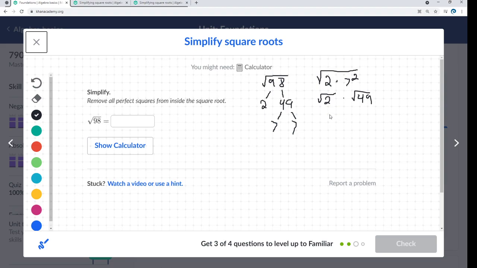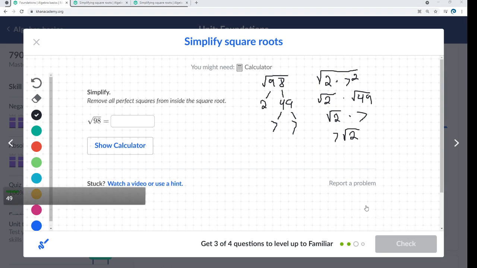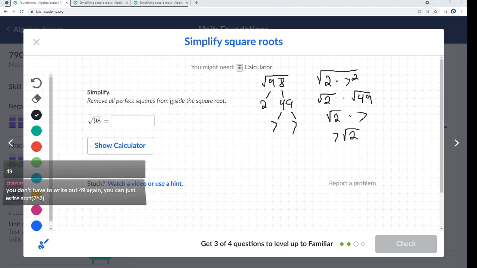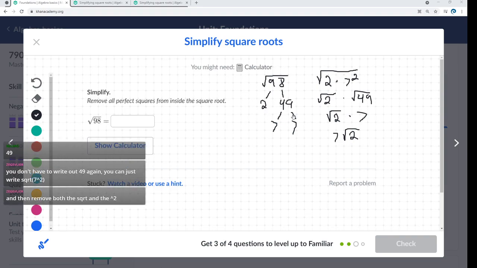So it's 2 times 7, which becomes 7 square root of 2. I don't have to write out the 49. I can just write square root of 7 squared times 2.